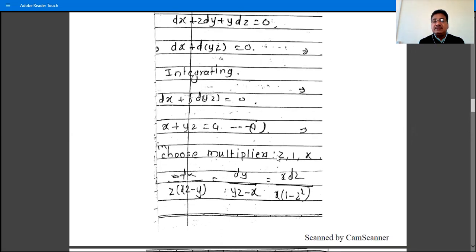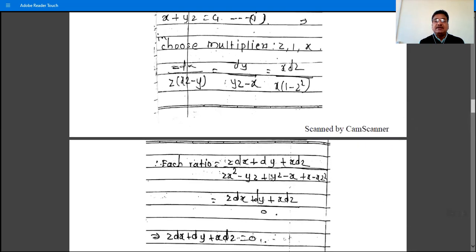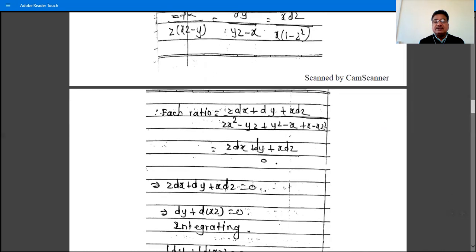Then choose multipliers z, 1 and x. This is another set of linearly independent multipliers, and therefore each ratio is equal to (after this step, write this step) z dx + dy + x dz divided by this quantity, and the addition of all these factors is equal to 0, and therefore we have z dx + dy + x dz equal to 0.